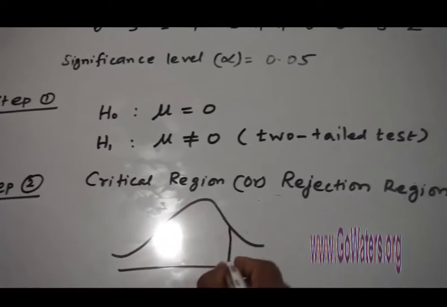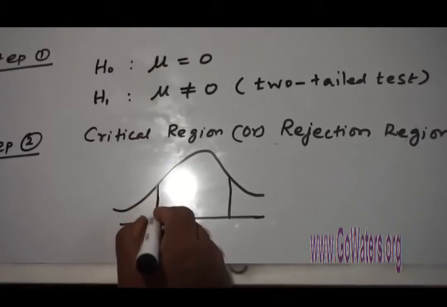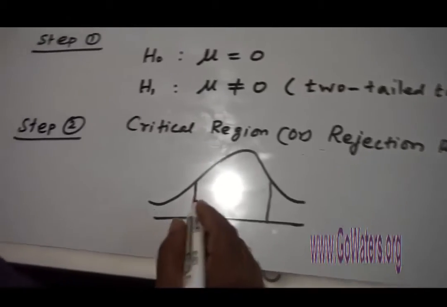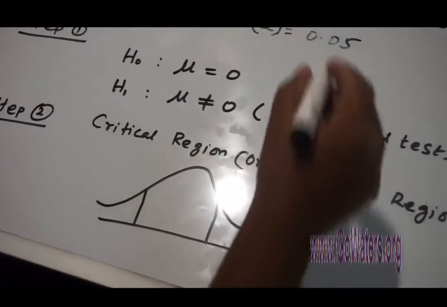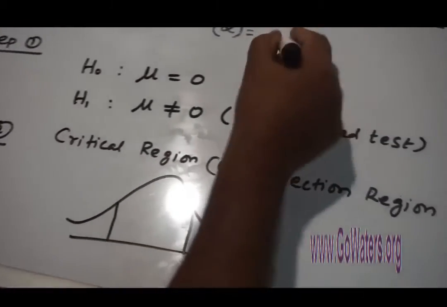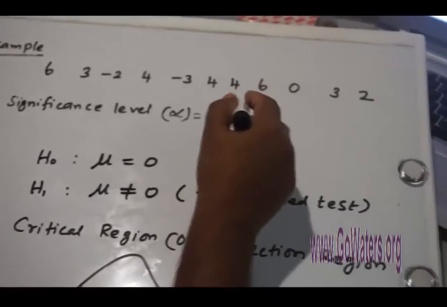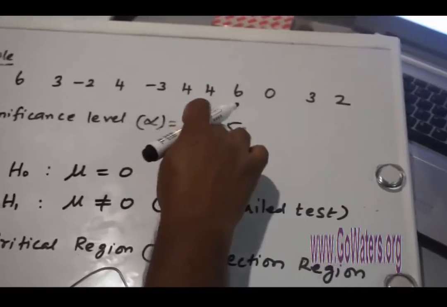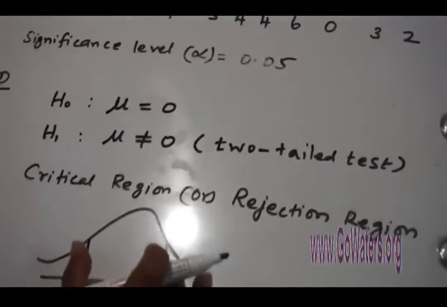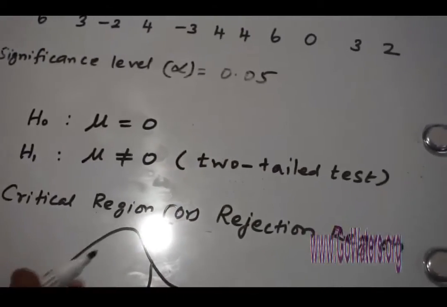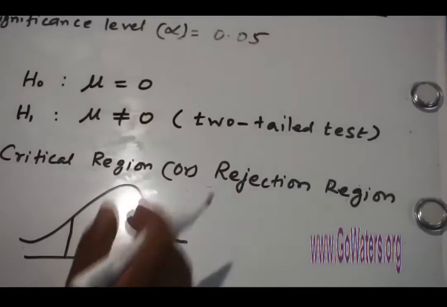Since it is a two-tailed test, the rejection will come on both sides. Since it is a 5% significance level, alpha is the type 1 error, right? Since the rejection region is on both tails, alpha has to be divided by 2.